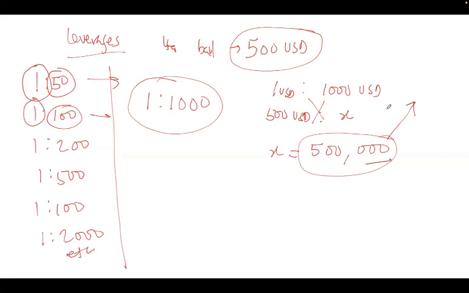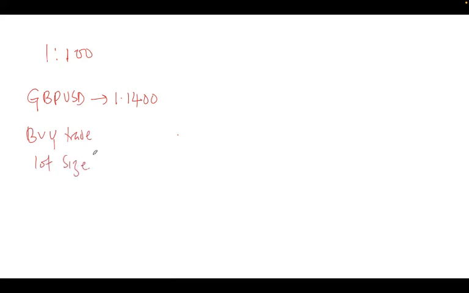However, it is important for us to know, and let me explain something here so that we understand better, that in leveraging, if you're using 1:100, let me give an example. Let's say a currency pair, GBP USD, has a price of 1.40, and you want to place a buy trade using a lot size of 1.0.